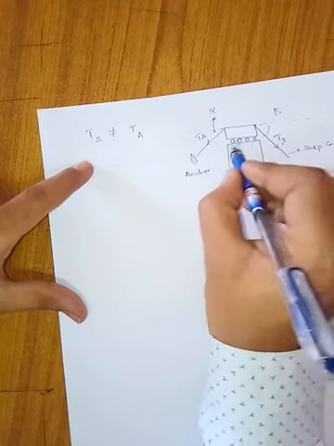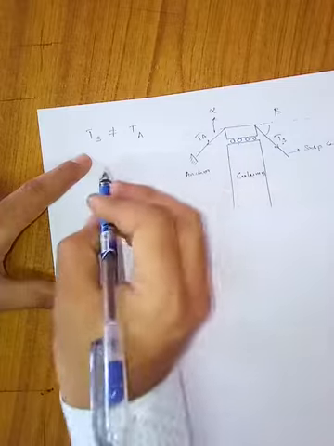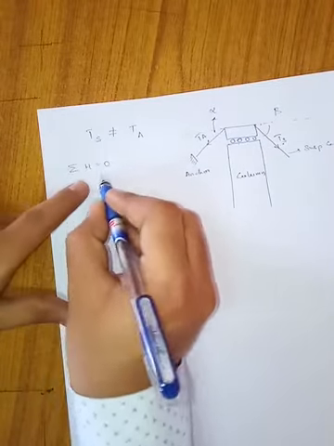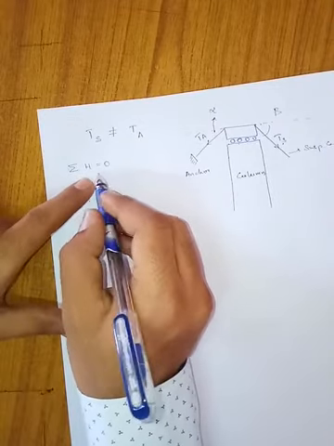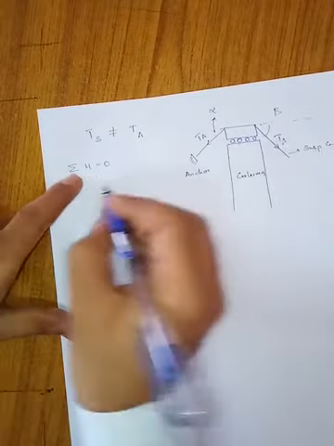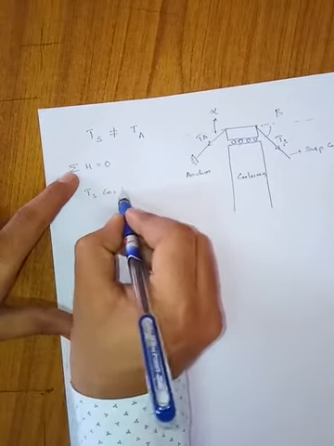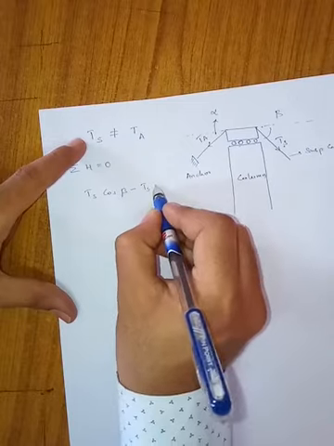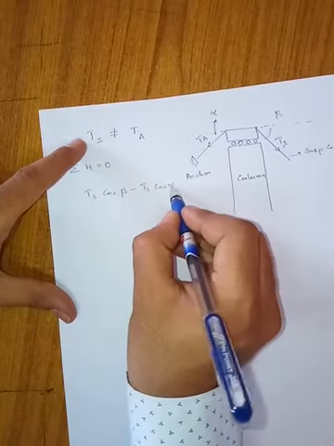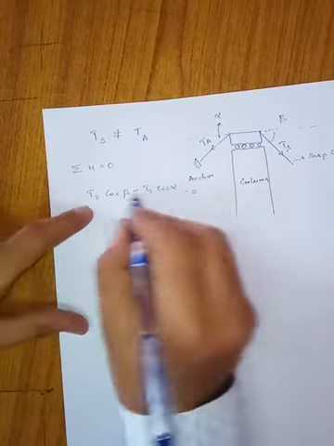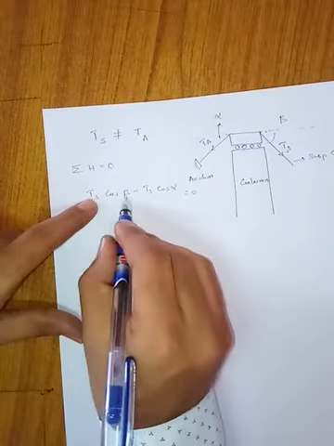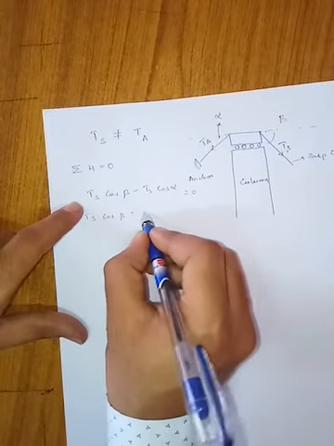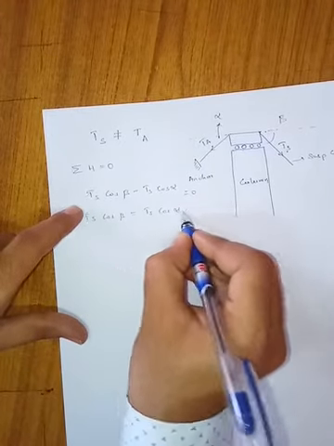If you use the equilibrium equation, summation H is equal to 0, then TS cos beta, moving to the right positive, minus TA cos alpha is equal to 0, because there are no other forces. So TS cos beta should be equal to TA cos alpha for it to be in equilibrium.